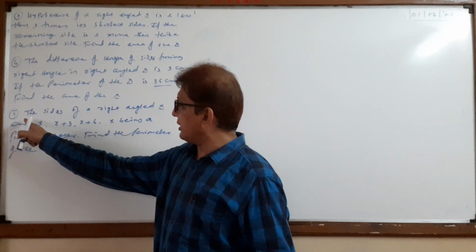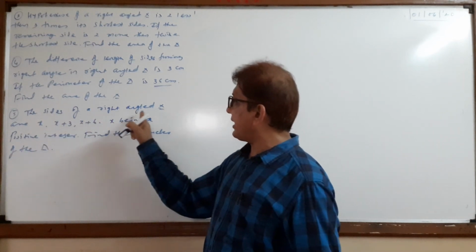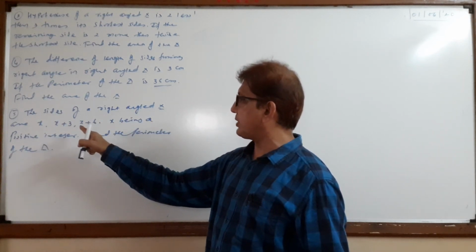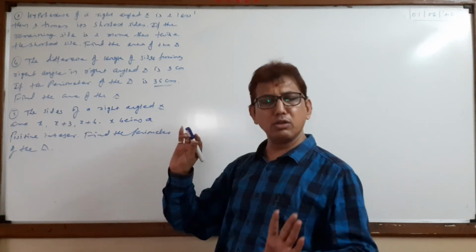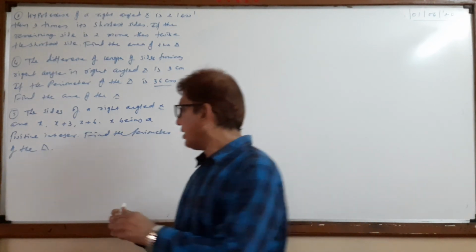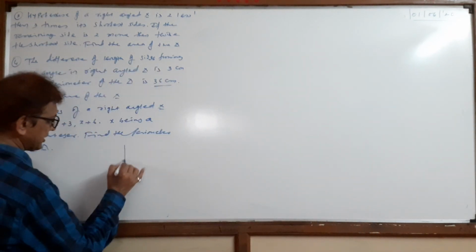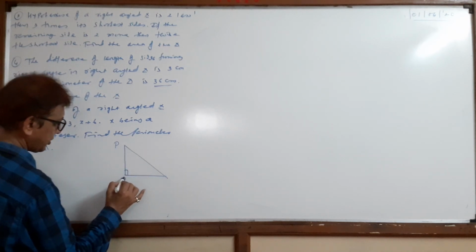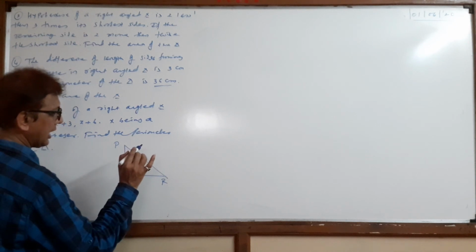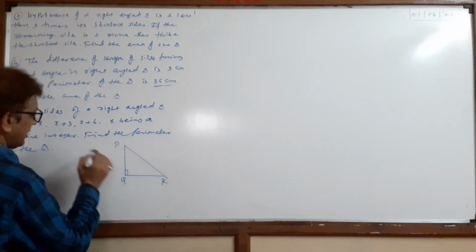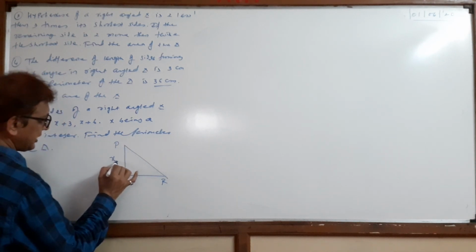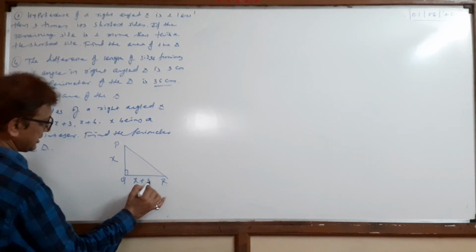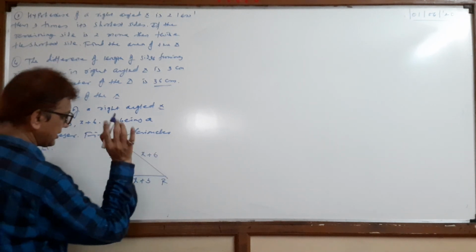Now fifth question. The sides of a right angle triangle are x, x plus 3 and x plus 6, already given. We suppose this right angle triangle is PQR. Here any one side you can say x, then x plus 3 and x plus 6.